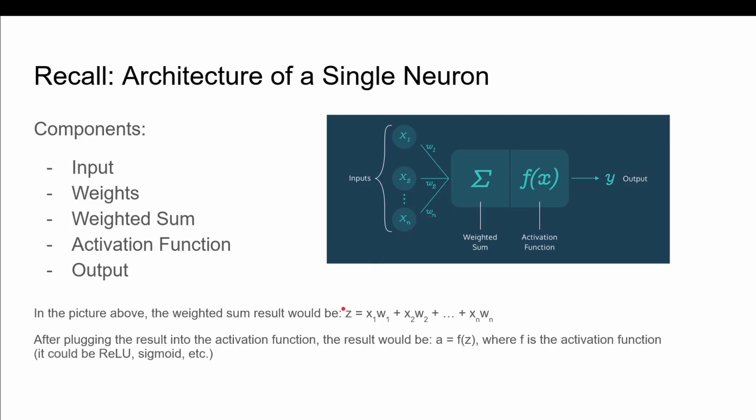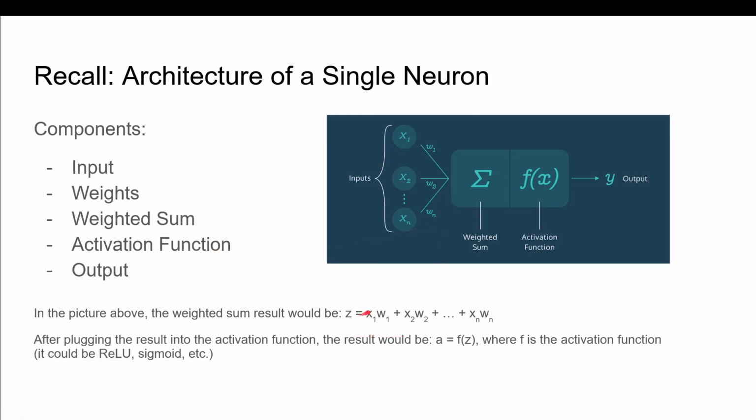If you take a look closely, this is actually the dot product between a row matrix and a column matrix. So if you are training a large neural network, you will work on a lot of matrices.